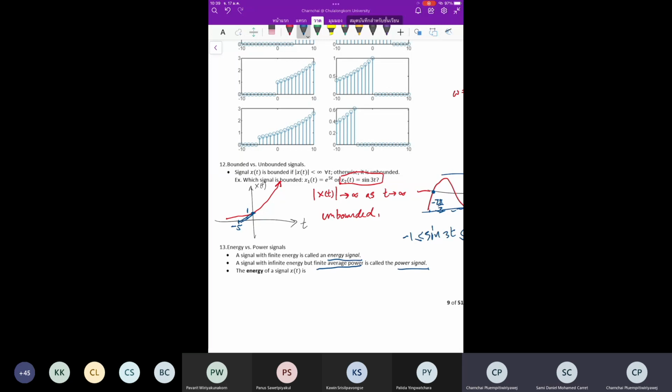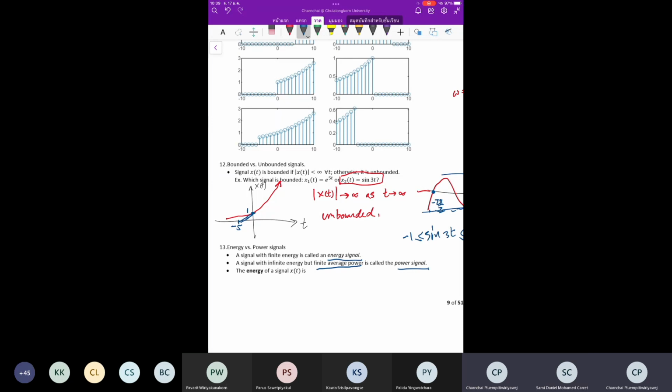Real signals usually do not have infinite power, because conservation of energy wouldn't work. How can you get infinite power? It's impossible. If a signal does have infinite power, it's neither an energy signal nor a power signal.